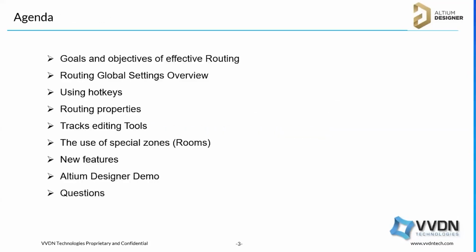So the agenda for today's session is that we are going to see what settings are there, the global settings for the routing, and what shortcut keys are available to increase the speed of the routing, and the properties of the routing, to change the properties, and the different track editing tools, and what are the benefits of using the room option in Altium Designer, and what are the new features which are introduced and will be helpful to increase the speed.